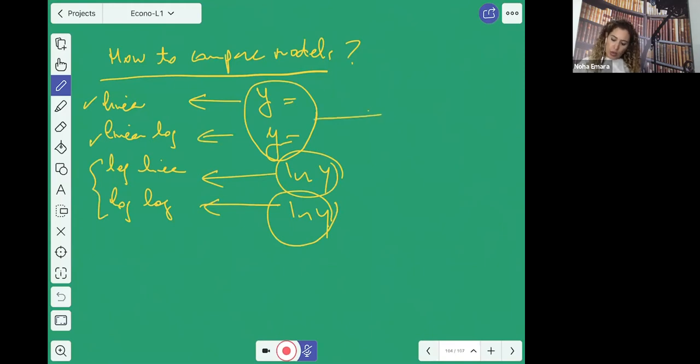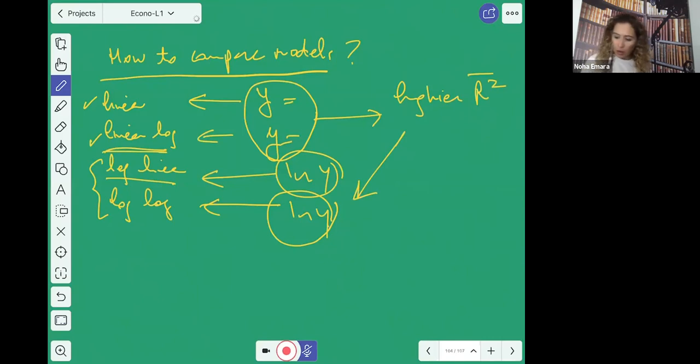And choose the one that has the higher R square, or adjusted R square. Same goes here. Compare between these two models and choose the one that has the higher adjusted R square, because this implies it has a higher explanation of the model. You can never compare a linear log with a log linear, because y here is linear and this one is in percentages.